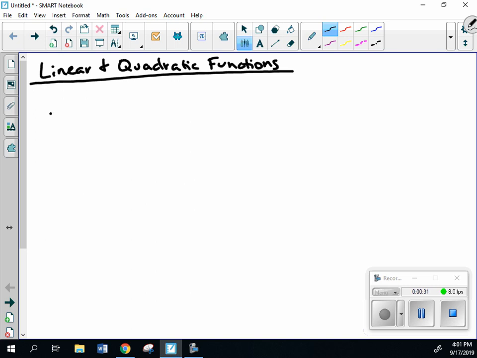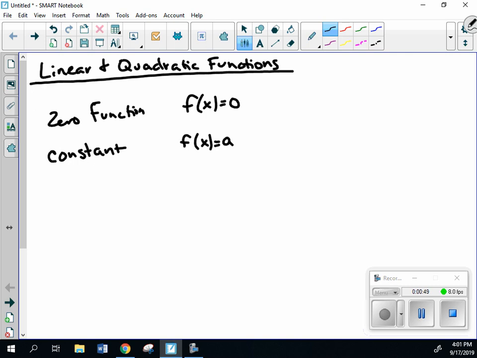Like, for instance, the zero function. It's in the form of f of x equals 0. The constant function. This is where we have f of x equals a, or some number. Okay, so like when we were doing piecewise functions, the constant was going to be our horizontal line.